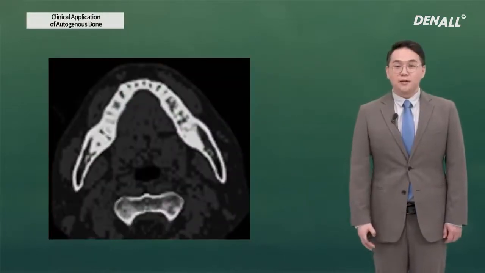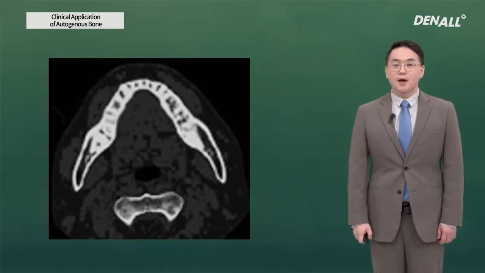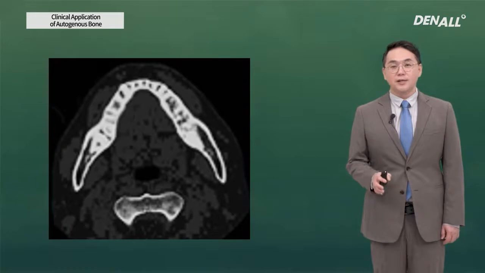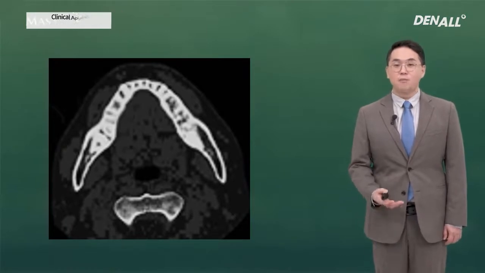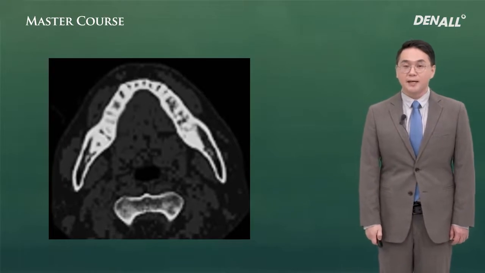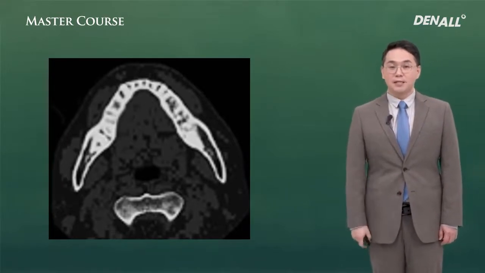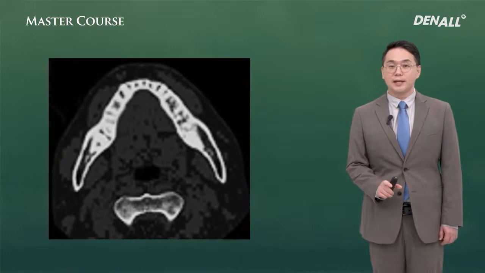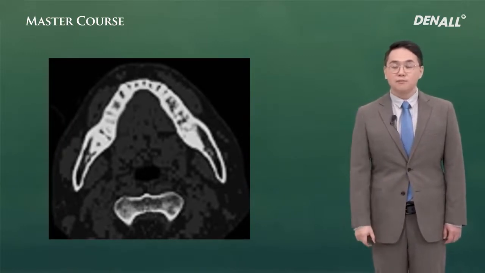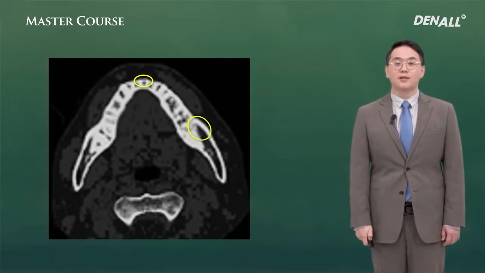We use the autobone collector within the cortical bone because if we drill into the bone marrow, it will bleed and cause discomfort to the patient. As I said before, if you use the autobone collector in the full depth, the drilled depth would be 3.8 millimeters, so it's much safer to use it in the ramus where the cortical bone is thick.